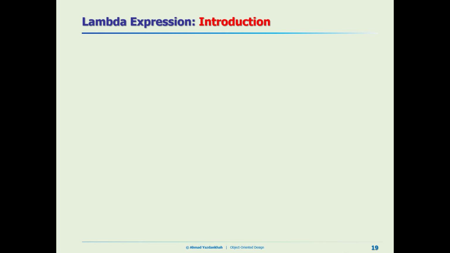So now let's get back to lambda expression. Whatever I said so far was an introduction and required background, a refresher, to be able to understand lambda expression. Now the fact is that in Java we can assign values to variables.